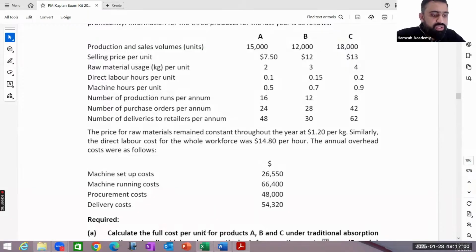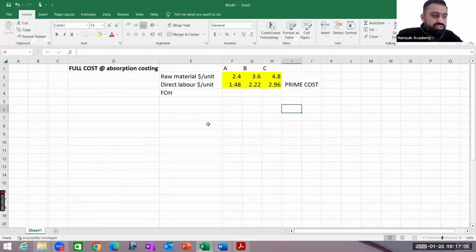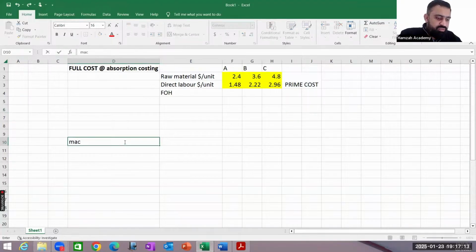Now, first of all, we will sum up the overhead cost. So total overhead cost is, we have machine setup cost, we have machine running cost.